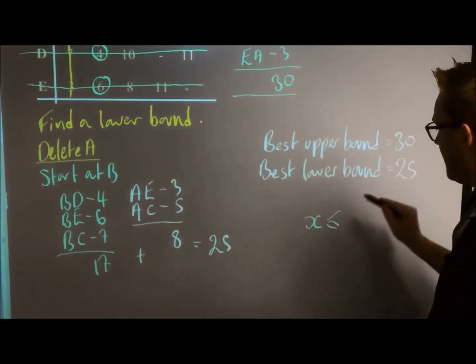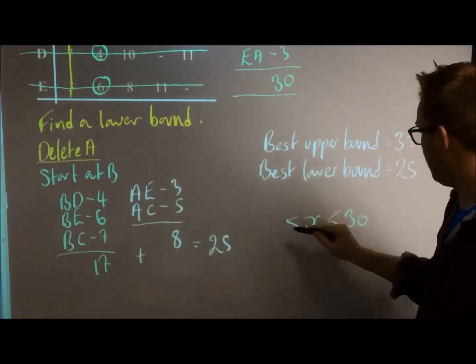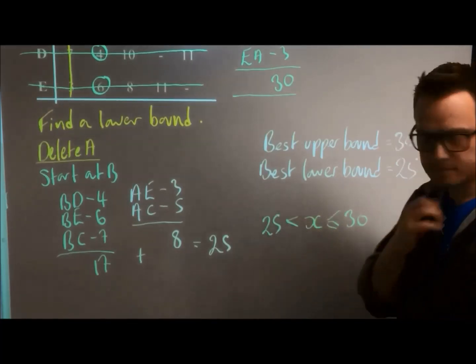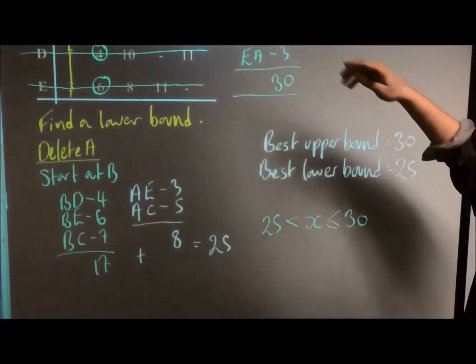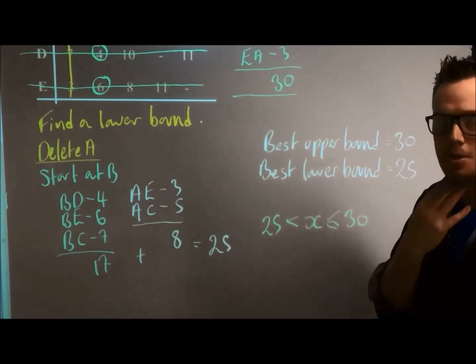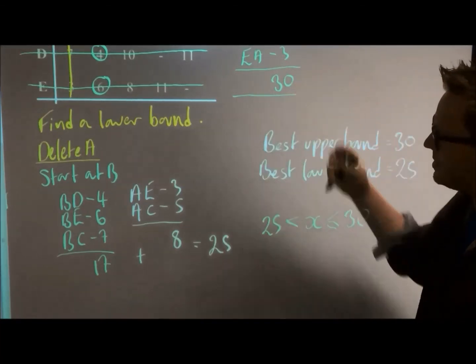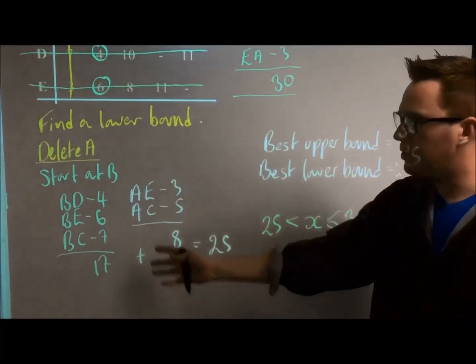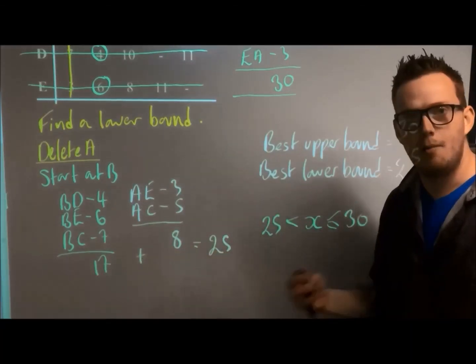All I know is that it's less than or equal to 30 and greater than 25. Okay. Again, I know that 30 was a route, but it could be improved upon. So an upper bound is a route that exists, but could be improved upon. I know it exists because I did it. I'm not too sure whether this one actually exists, so it just becomes a lower bound.